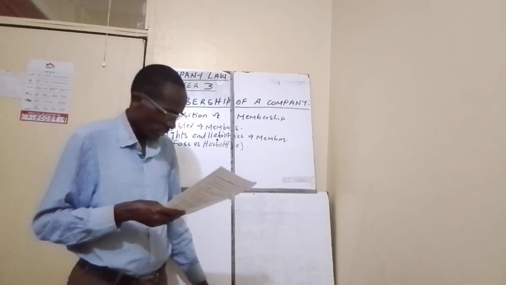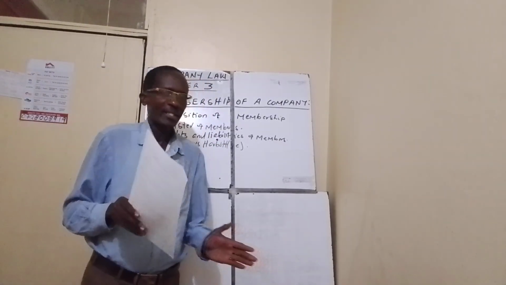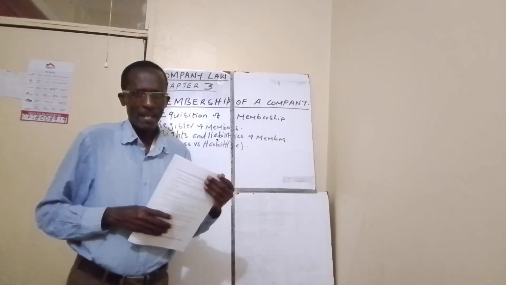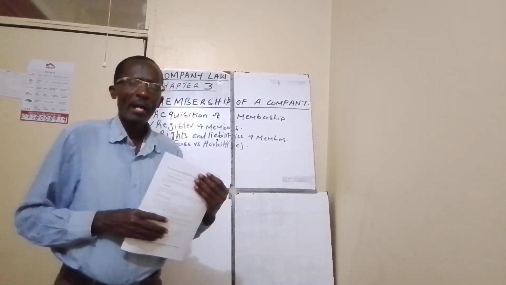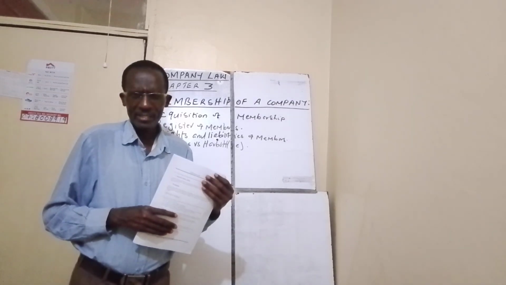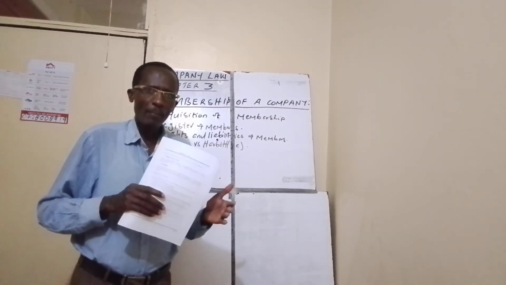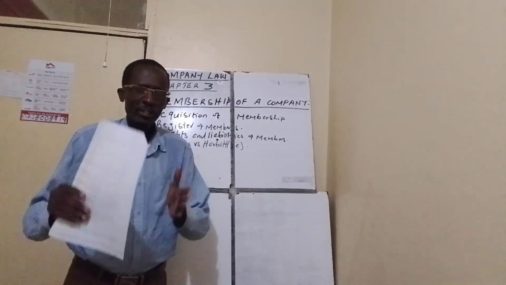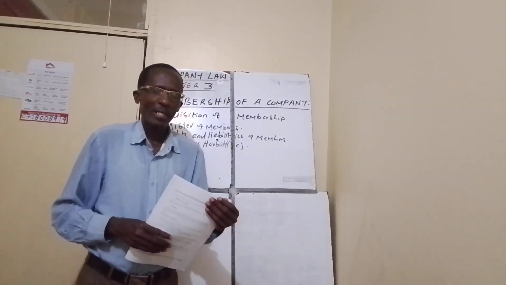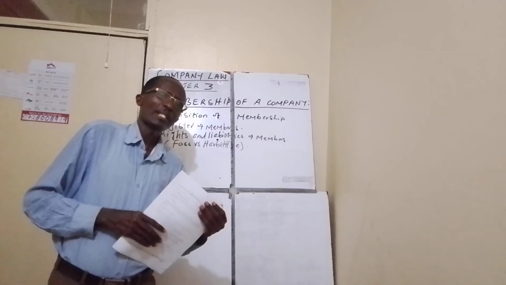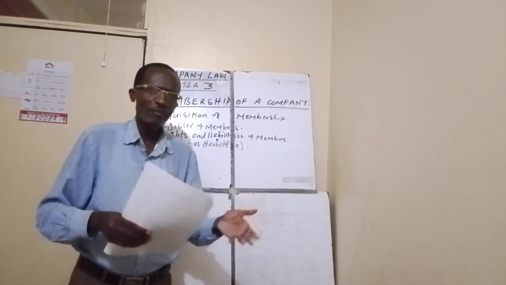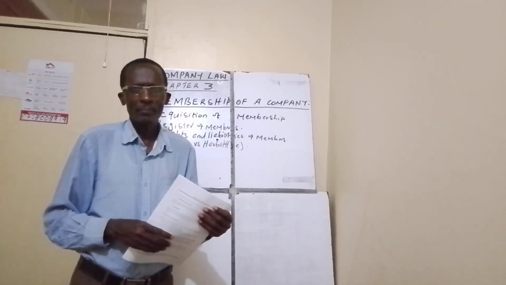So individual membership rights means the rights which belong to the individual themselves. Like for example, a member has a right to attend an annual general meeting. A member has a right to vote. A member has a right to be represented by a proxy. A member has a right to receive dividends.